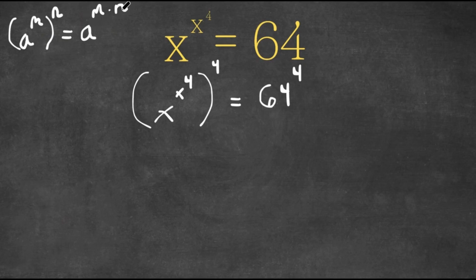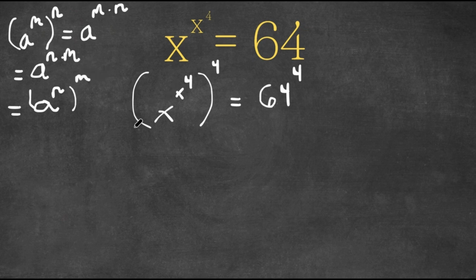And a to the power of m times n is also equal to a to the power of n times m. Meaning I could rewrite this as a to the power of n to the power of m.